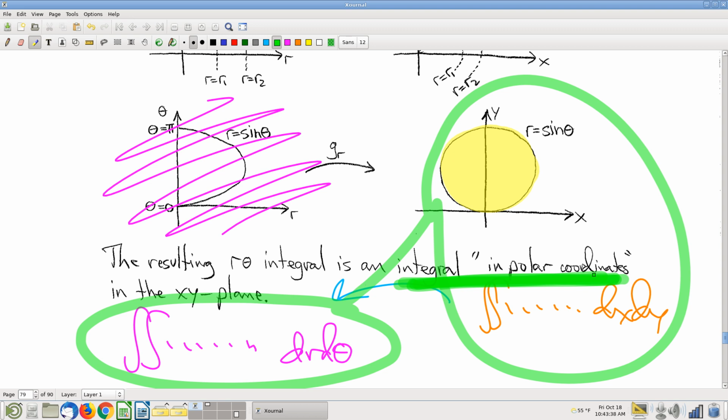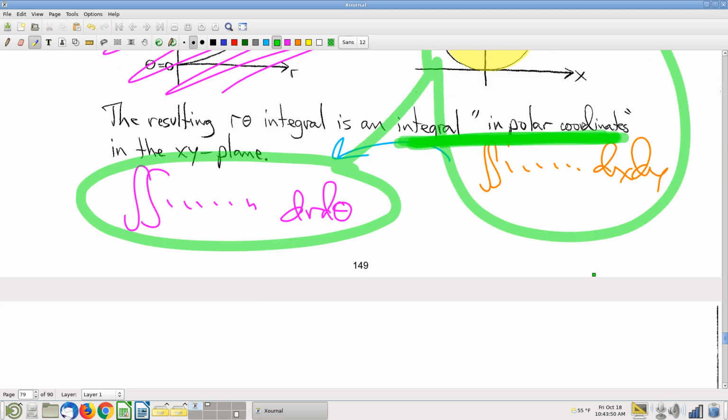Convenient shorthand, makes our life simpler. We don't have to draw the pullback domain, and that's how people talk. That's how people do business. Okay, so heads up. We'll see some examples.